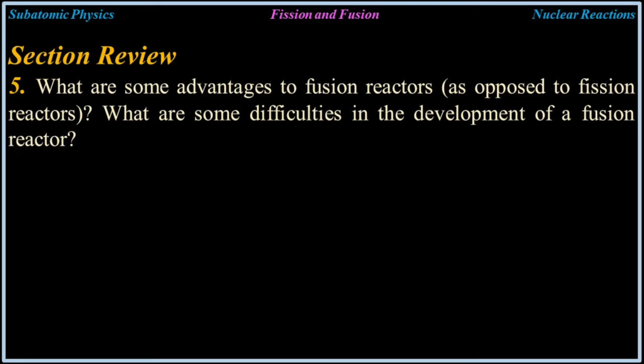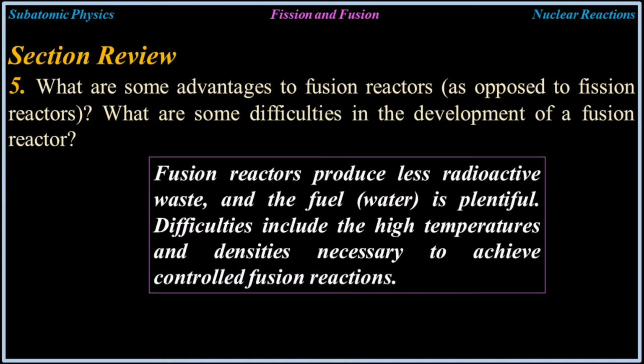What are some advantages of fusion reactors as opposed to fission reactors? What are some difficulties in the development of a fusion reactor? Fusion reactors produce less radioactive waste and the fuel, water, is plentiful. Difficulties include the high temperatures and densities necessary to achieve controlled fusion reactions.